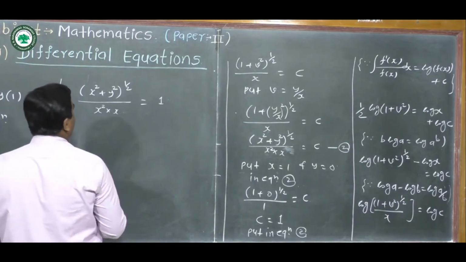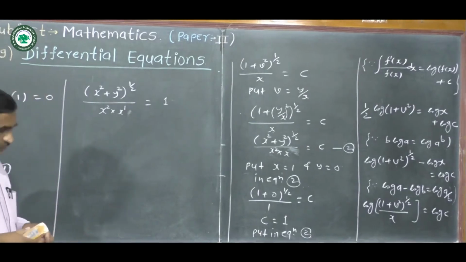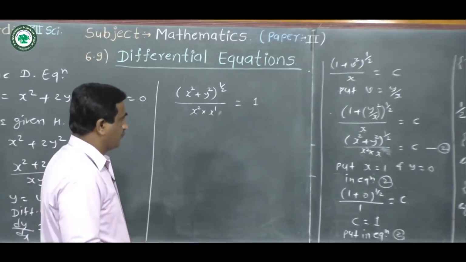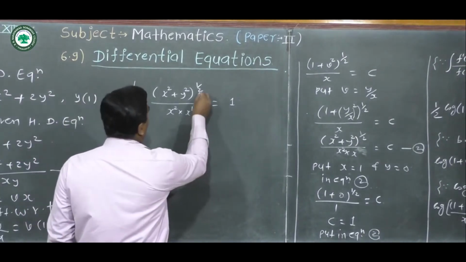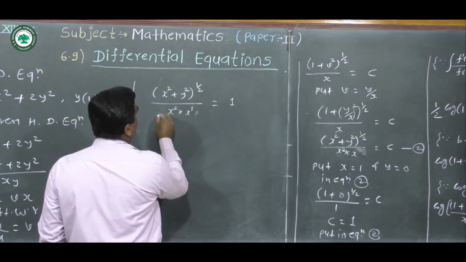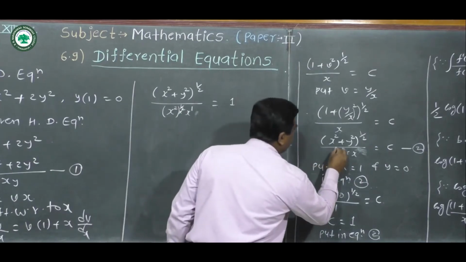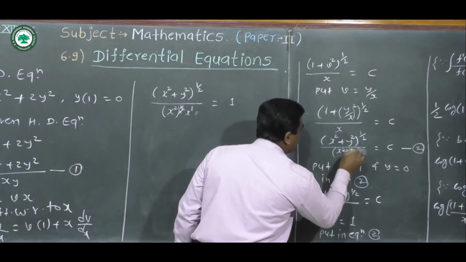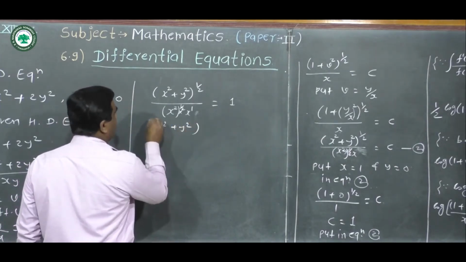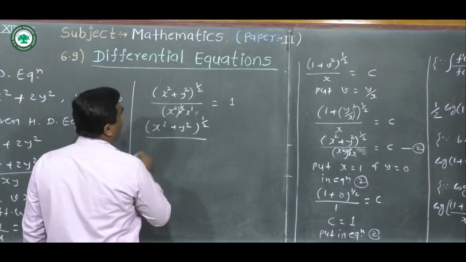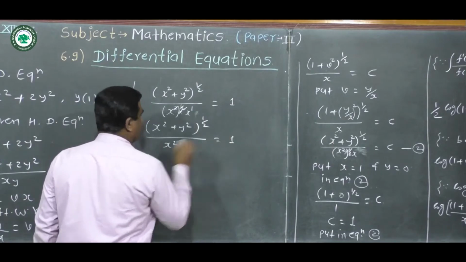Then we can write here x raised to 1 by 2, here also x raised to 1 by 2, now remains only x here, that is (x square plus y square) raised to 1 by 2 upon this x, 2 cancel, x square equal to 1.